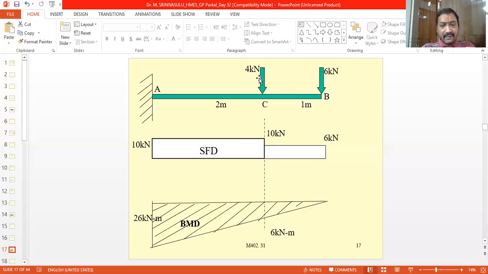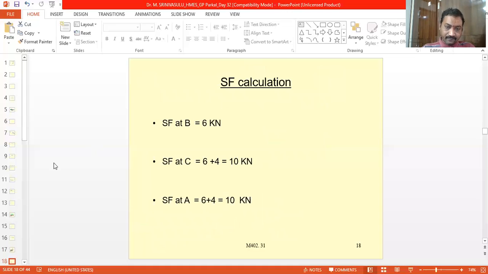Both are acting downwards. A force to the right of the section and acting downwards will be positive. So 6 is one point load and 4 is the other point load. Therefore, the shear force at point C is equal to 6 plus 4, which is 10 kilonewtons.